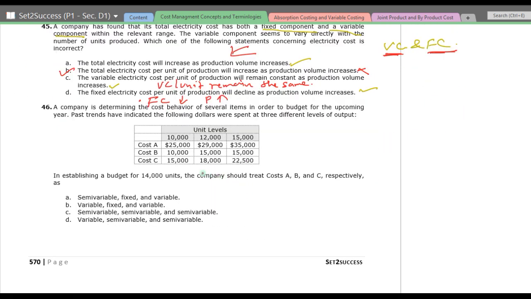Next, a company is determining the cost behavior of several items in order to budget for the upcoming year. Past trends have indicated the following dollars were spent at three different levels of output: 10,000, 12,000 and 15,000 units. We have costs A, B and C. In establishing a budget for 14,000 units, the company should treat costs A, B, C respectively as what? So let us see.